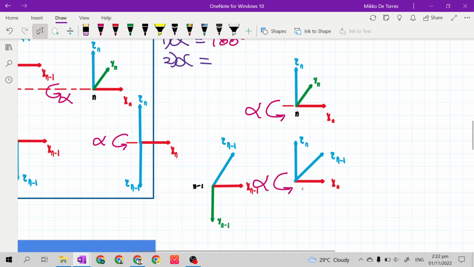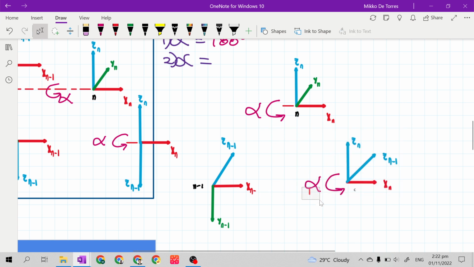Again, this is counterclockwise. So we need to match j sub n minus 1 to j sub n. To match j sub n minus 1, we perform the rotation alpha.